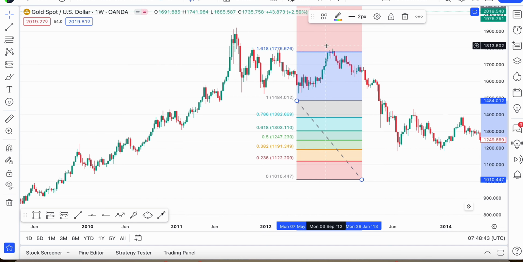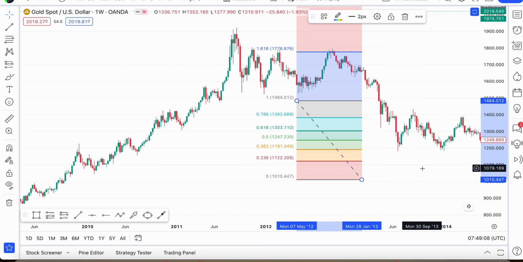So there was a trend from up here. You have lower low and lower high, forming a series of lower lows and lower highs. So in this case, it's actually trending downward.